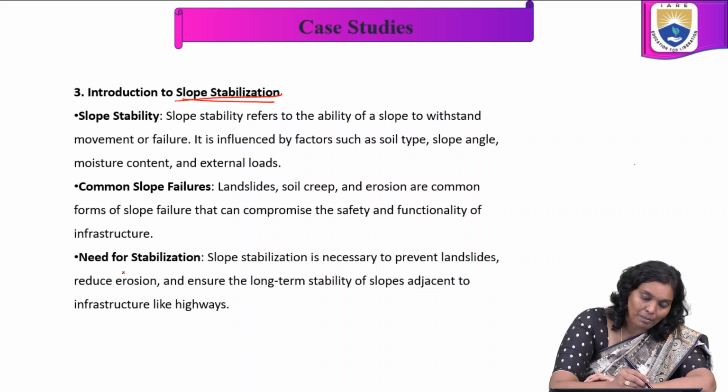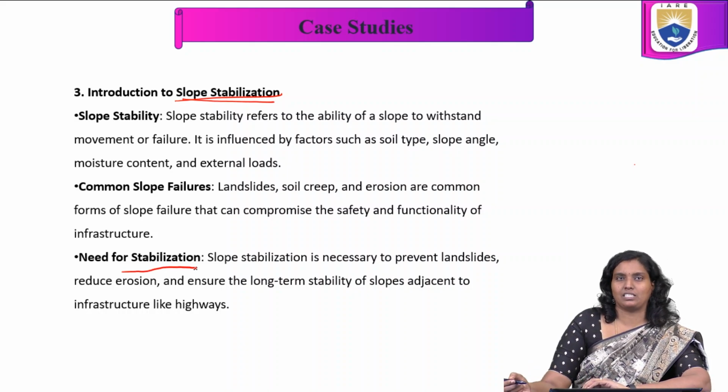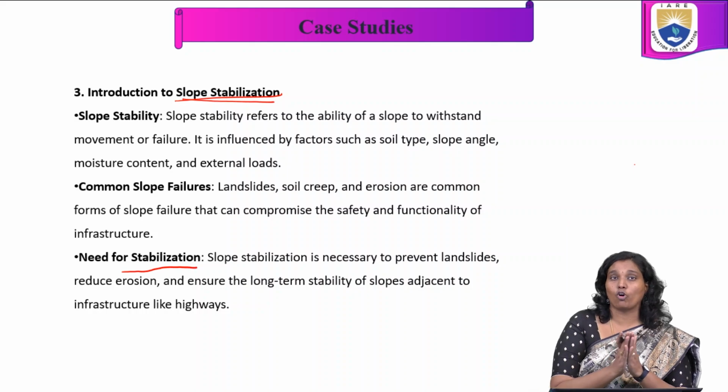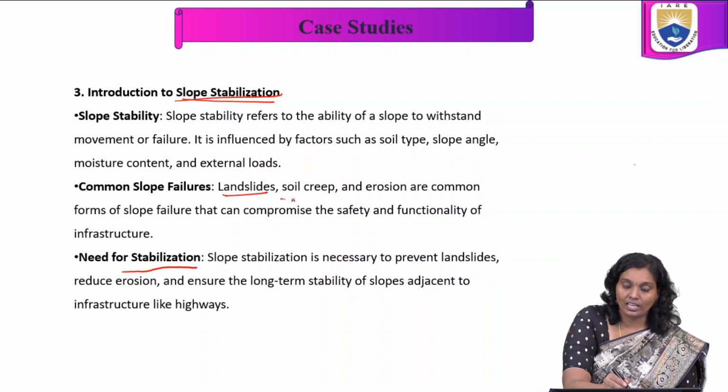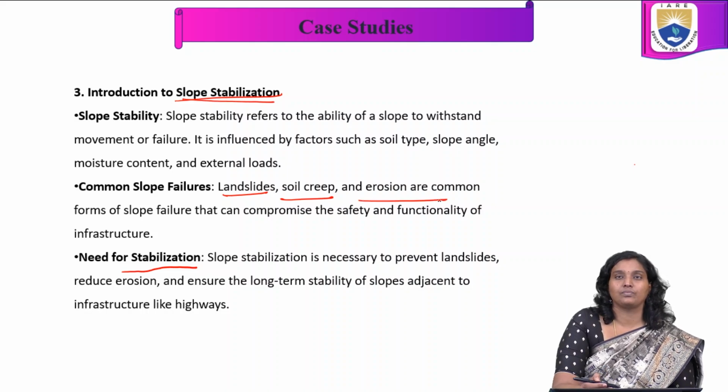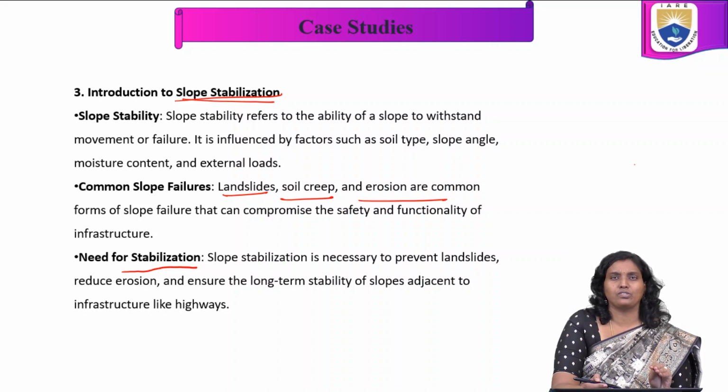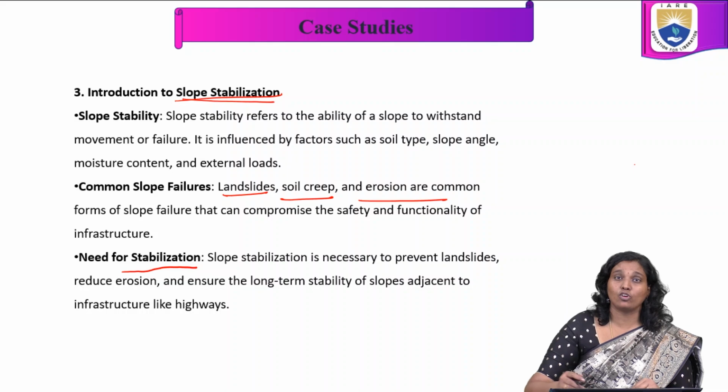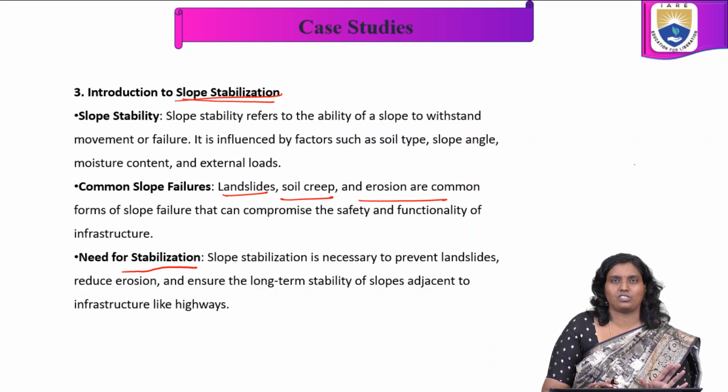For this purpose, we need stabilization. What are the common slope failures? Landslides, soil creep and erosion are the common forms of slope failure that can compromise the safety and functionality of the infrastructure.